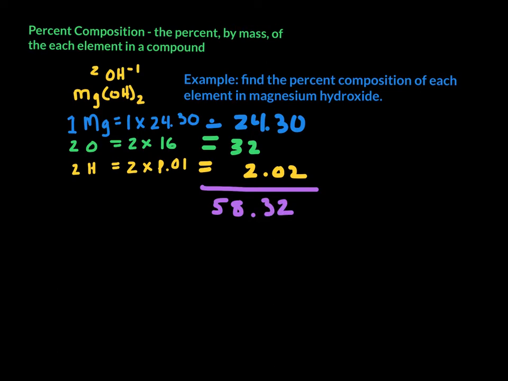But now we need to get the percent of each of the elements, so we take part over the whole. So for magnesium, we take the 24.30 and we're going to divide it by the 58.32, okay? And we're going to multiply by 100.